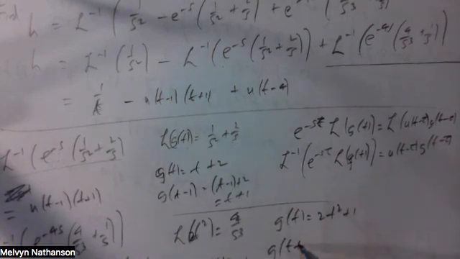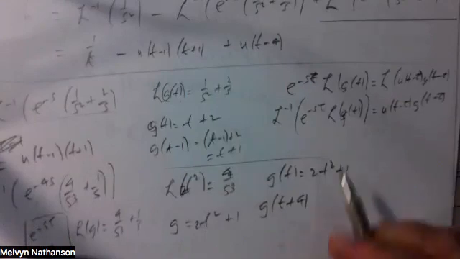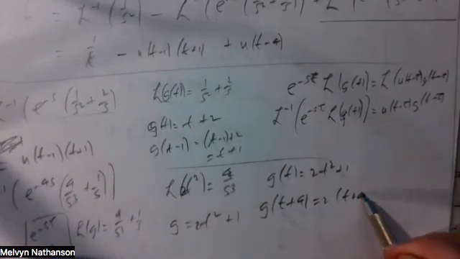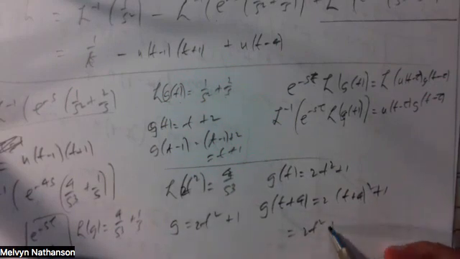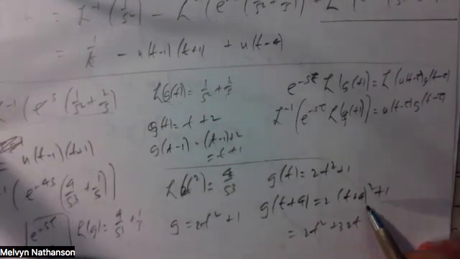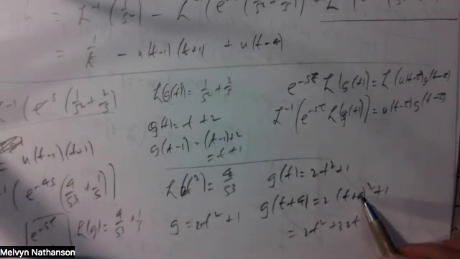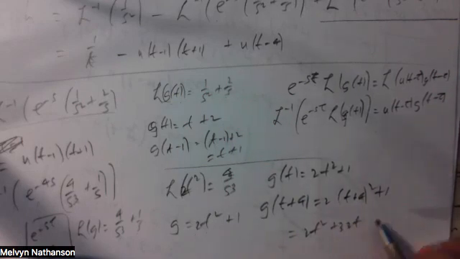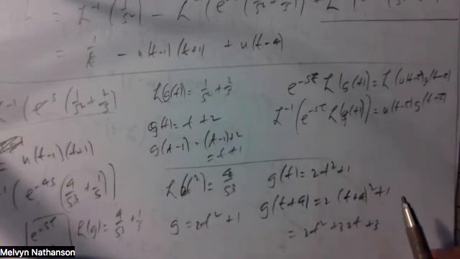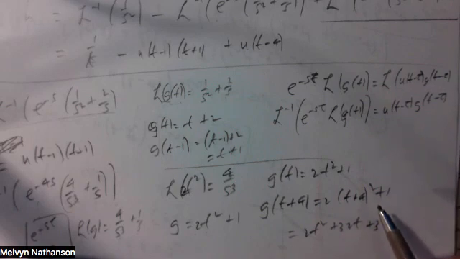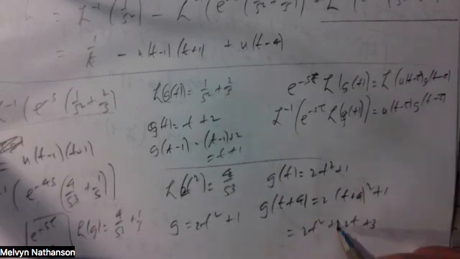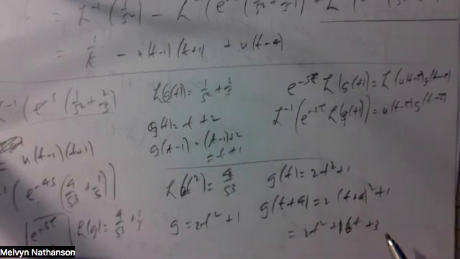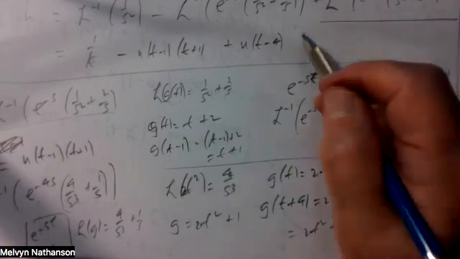So g of t minus 4 is 2 times t minus 4 squared plus 1. That's 2t squared minus 16t plus 32 plus 1, or 2t squared minus 16t plus 33.